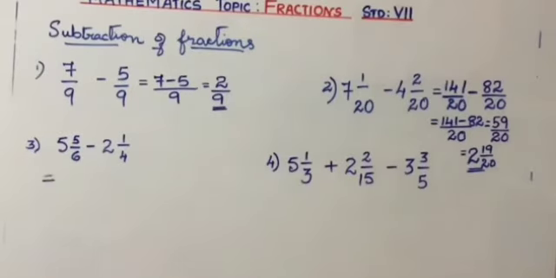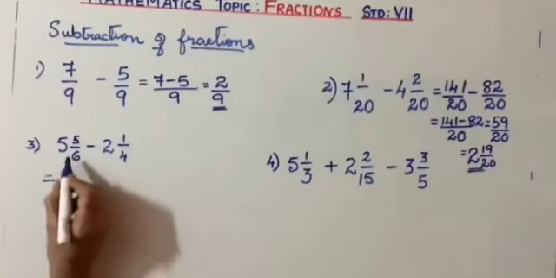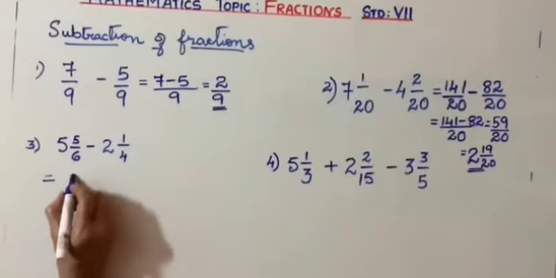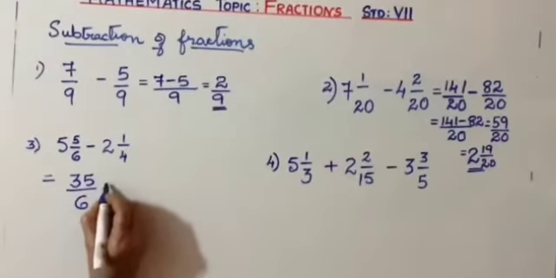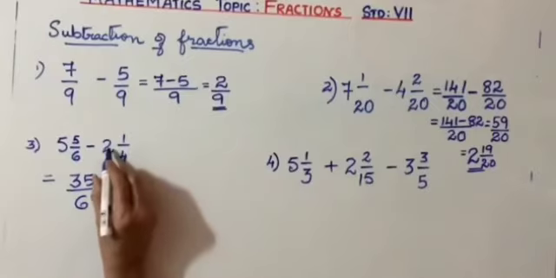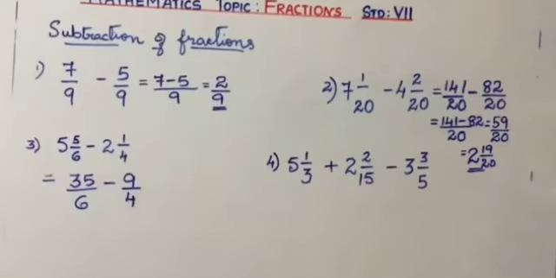Here again you can convert this into improper form. 5 6's are 30 and 35 by 6 minus 4 2's are 8 plus 1, 9 by 4. Okay? Yes? Now, do we have common denominator here?